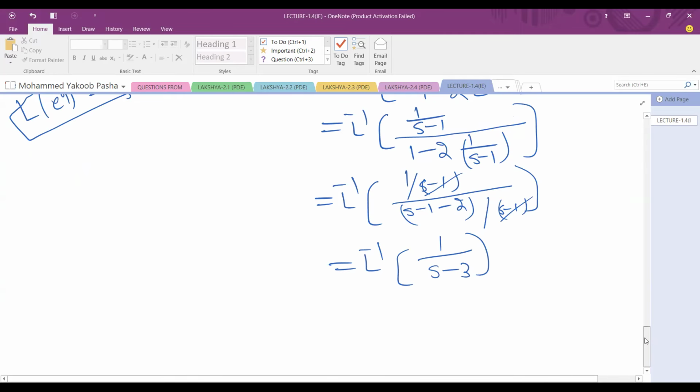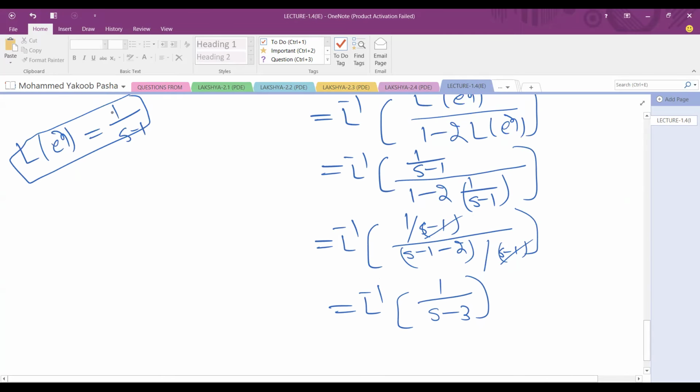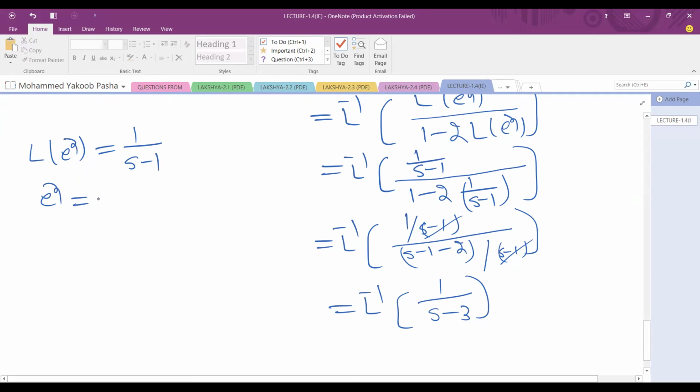For this, I am explaining the formula. Laplacian of e power x is equal to 1 by s minus 1, and so e power x is equal to L inverse of 1 by s minus 1 also.